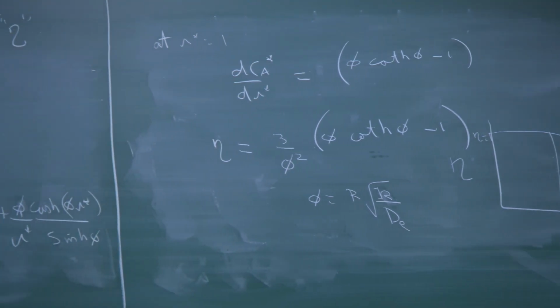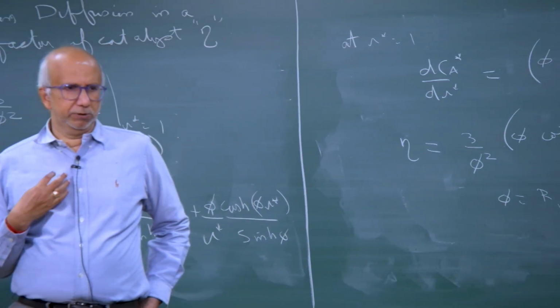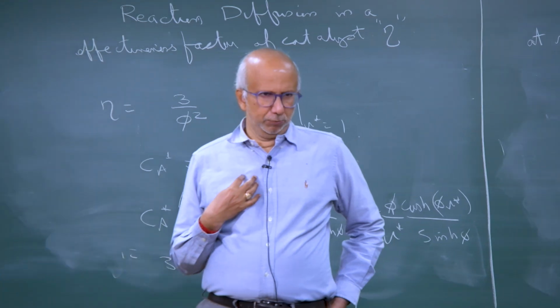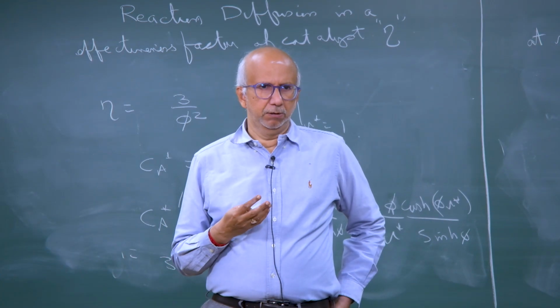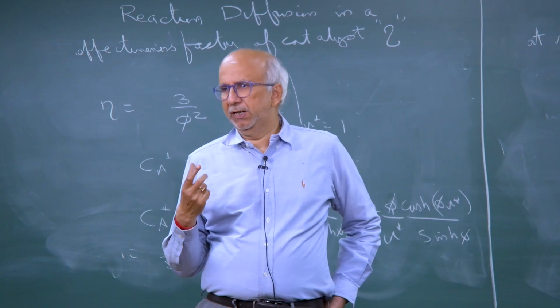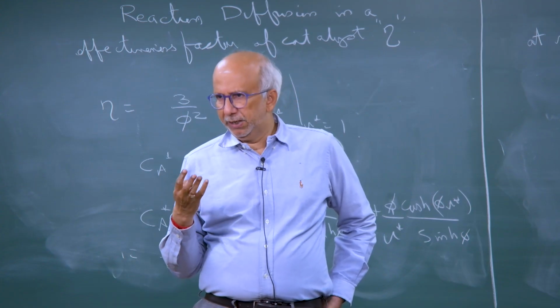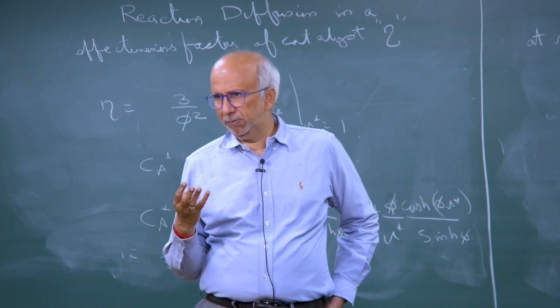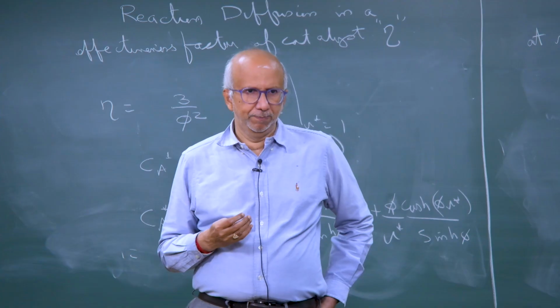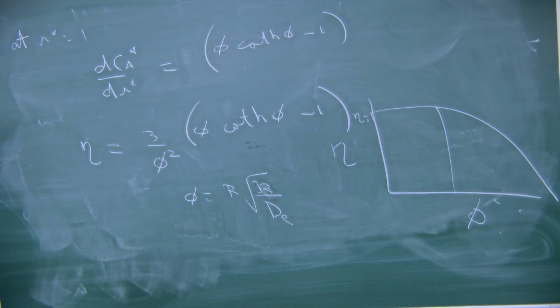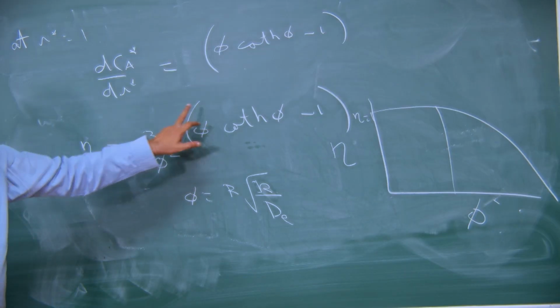Or the opposite: you say, look, I want my catalyst to be 80% efficient. The internal diffusion resistance should not reduce my reaction rate by more than 80%. So, you want your eta to be 0.8. If you want eta to be 0.8, you put eta equal to 0.8 and solve for phi.